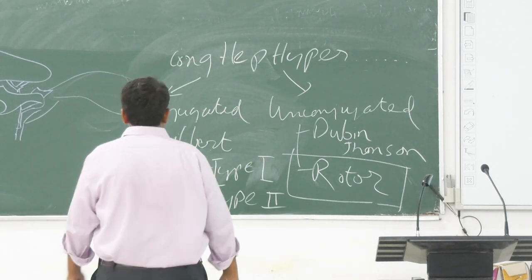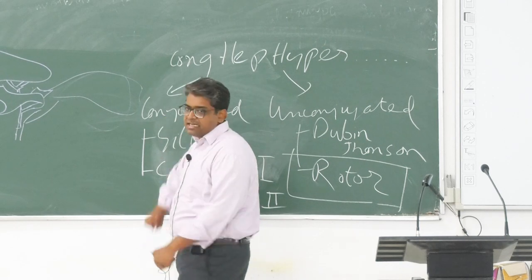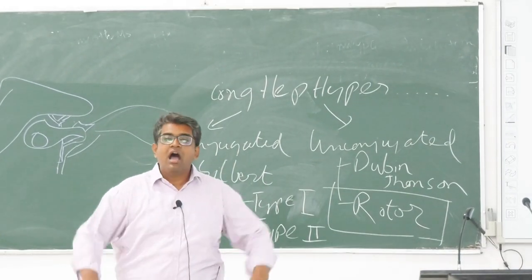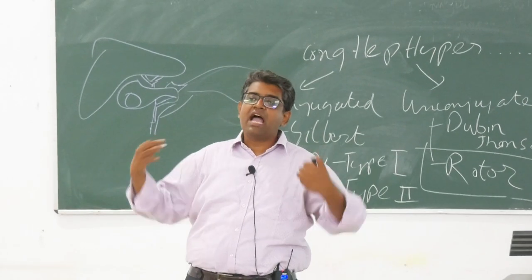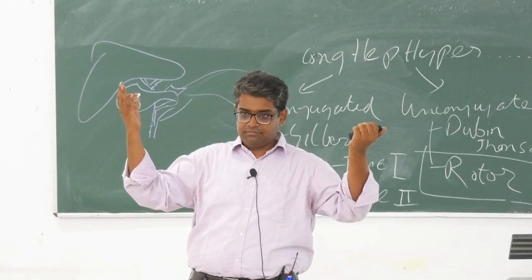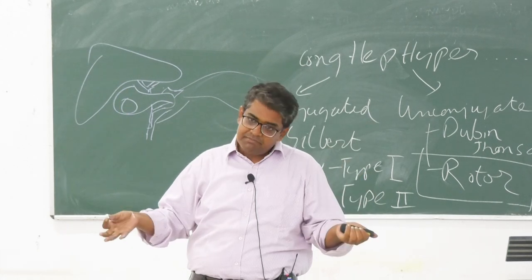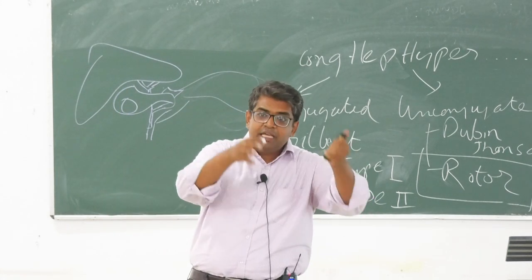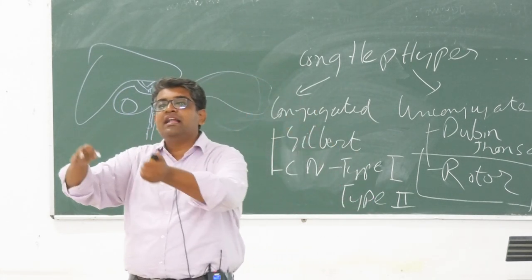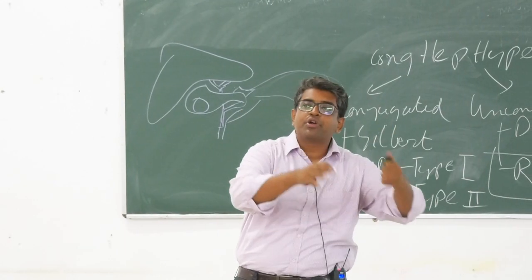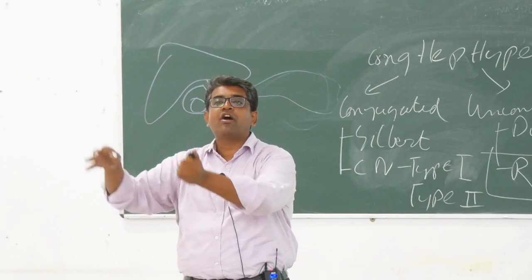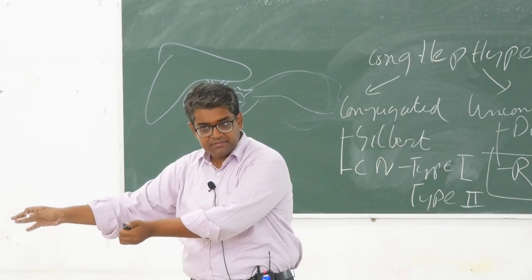Okay. So now, Gilbert and Crigler-Najjar, both of them are unconjugated hyperbilirubinemia. The UDP glucuronosyltransferase enzyme is not produced properly because of a genetic defect.